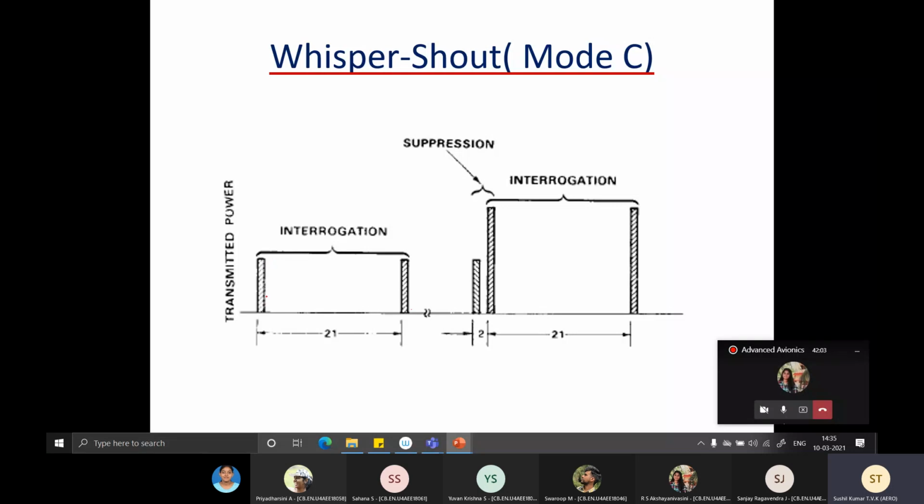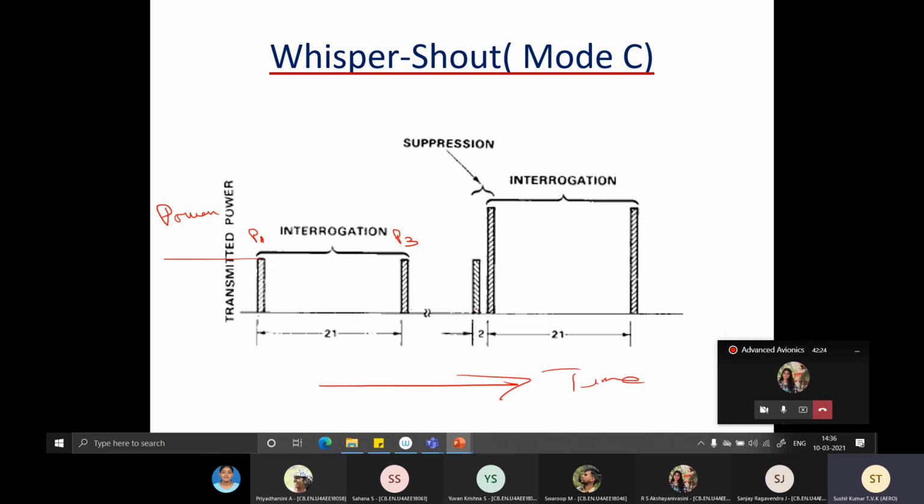This is a P1. So it's again mode C, with P1 and P3 pulses. This is the y-axis, power, and this is time.